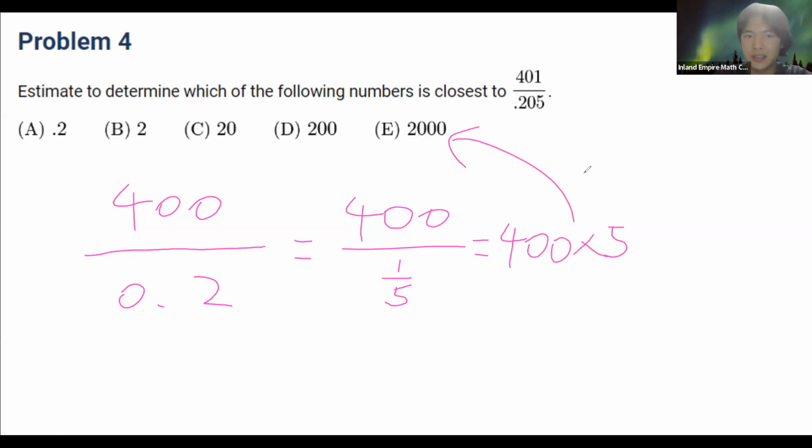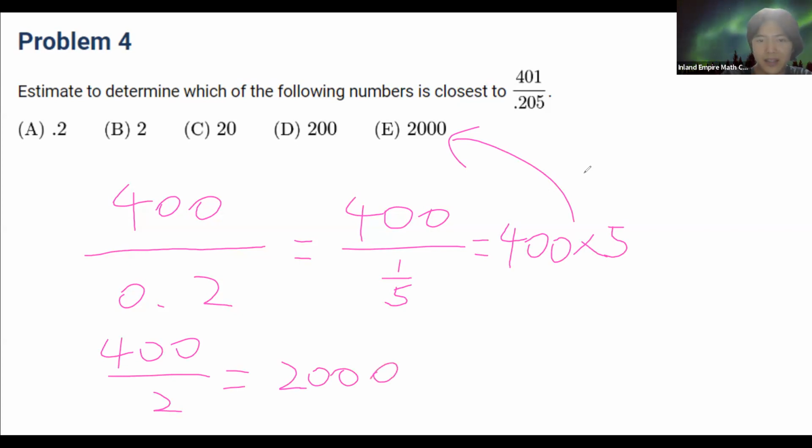Another way to do this would be to say, I'm going to divide 400 by 2 first to give me 200. But since the actual division is by 0.2, I have to divide by one less factor of 10. So I amend the 0 at the end, which once again gives you 2,000. So the answer is E.